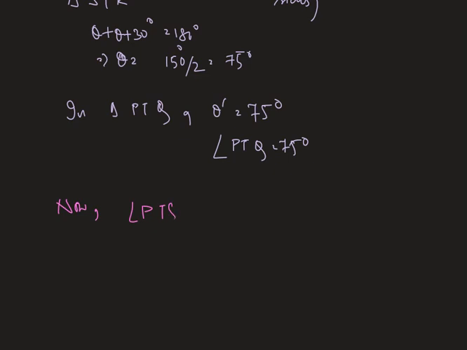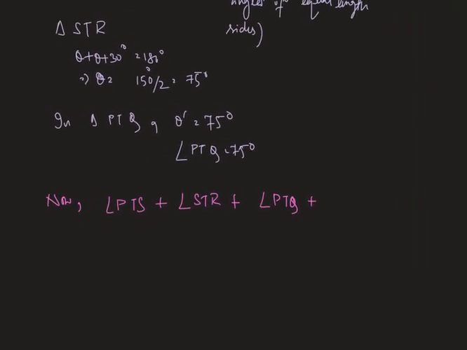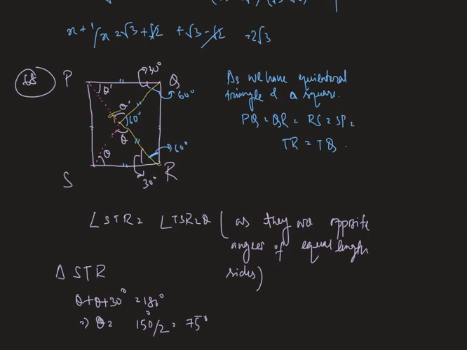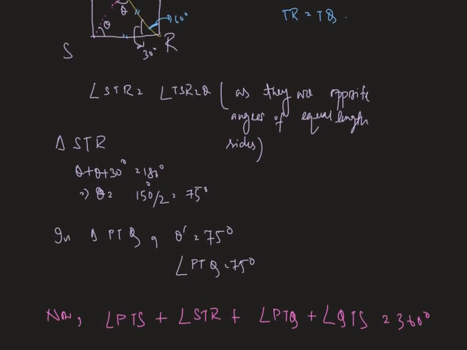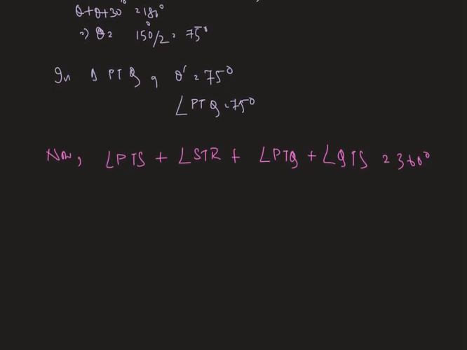Now angle PTS plus angle STR plus angle PTQ plus angle QTR is equal to 360 degrees. If we add all of these four angles, PTS, STR, QTR, PTQ, we get 360 degrees.